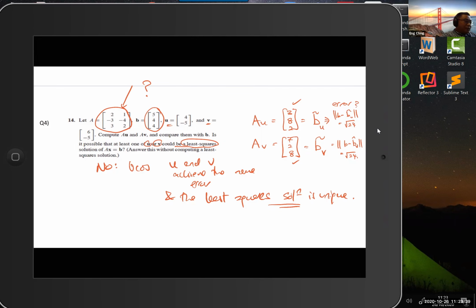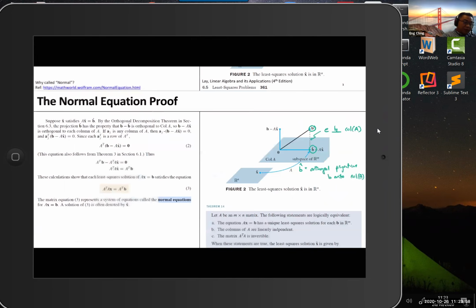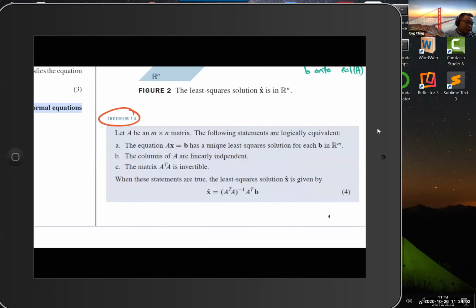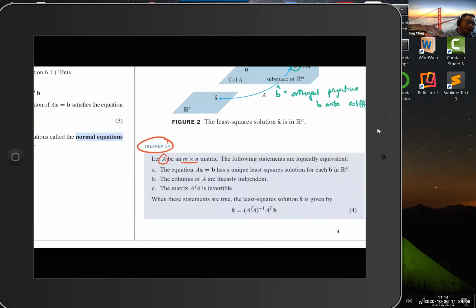All right. To answer, please go to section 7.1.3, page number 4, theorem 14. It says, if A is a rectangular matrix, then everything is equivalent.